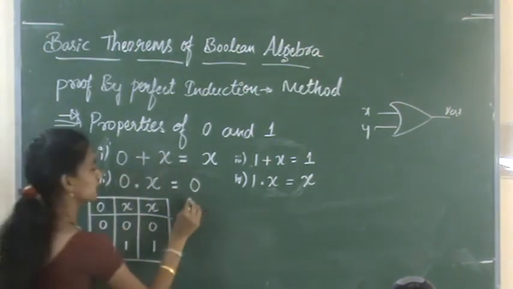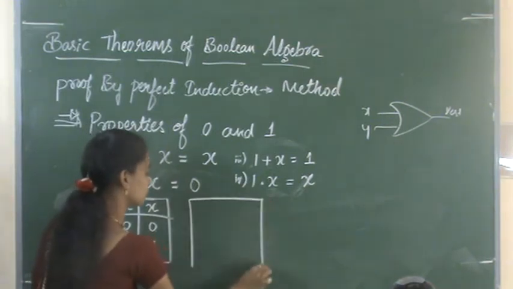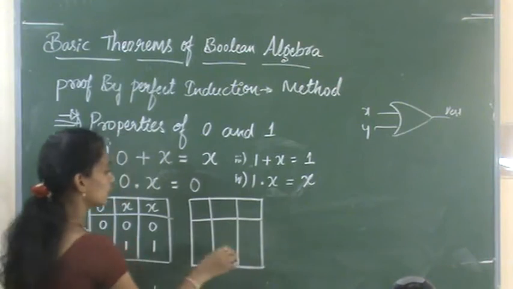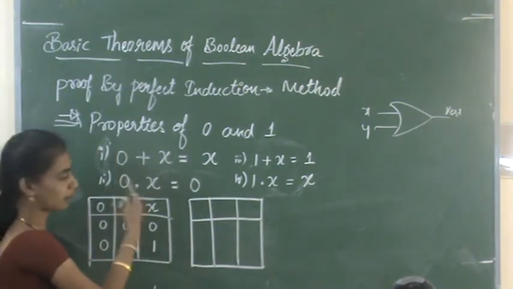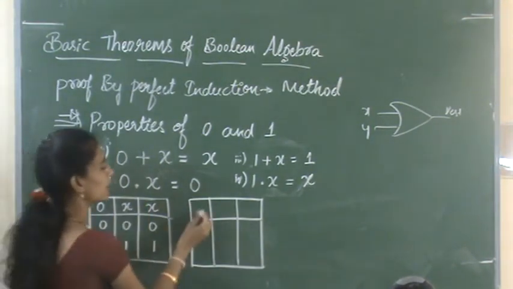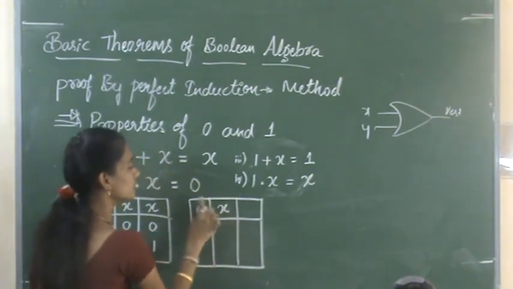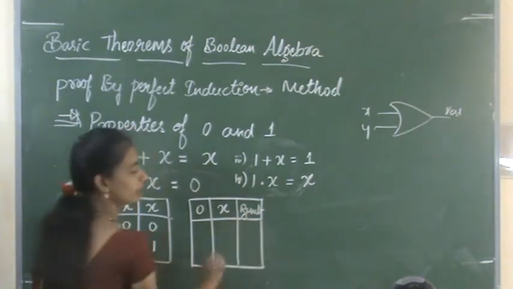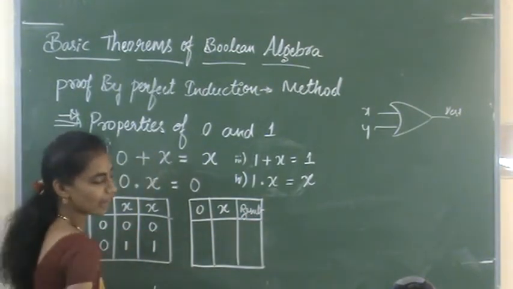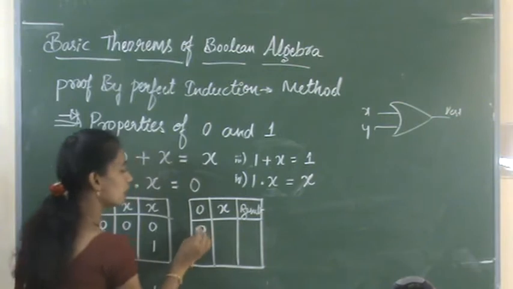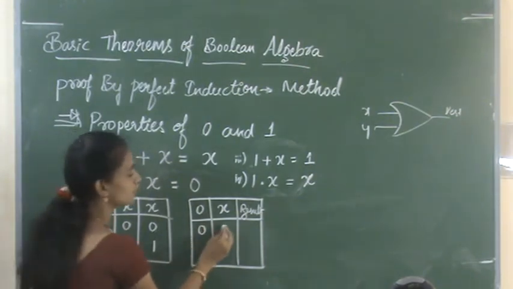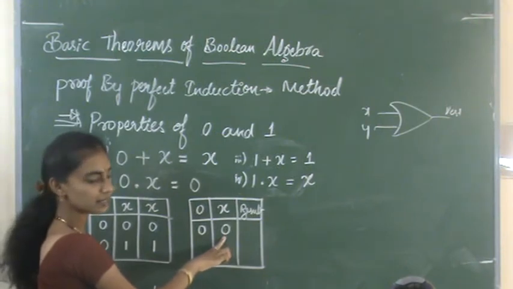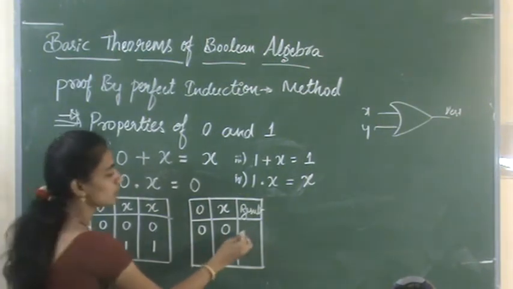Okay. So next. See, here we are performing the AND operation. One is 0, another one is x. The result will be 0 only. If I am performing the AND operation on these two, first I provide the x value as 0.